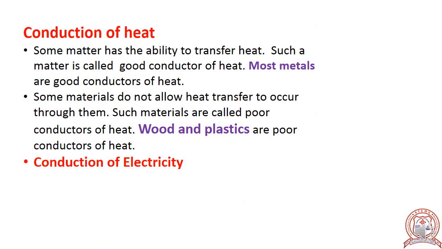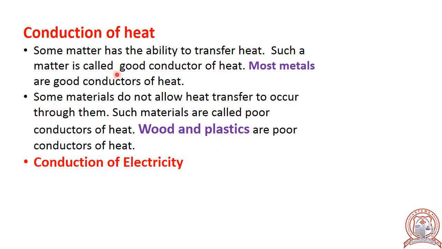Next is conduction of heat and conduction of electricity. This property is not given in your textbook, but this is also a property of materials. Okay. To conduct means to transfer heat or electricity. Some matter has the ability to transfer heat.